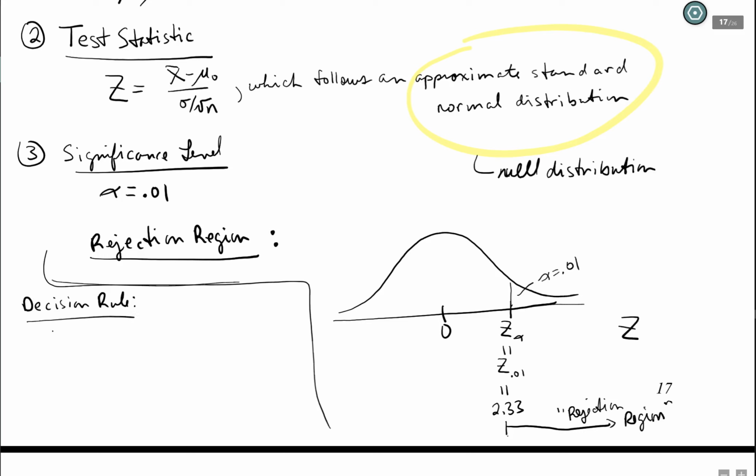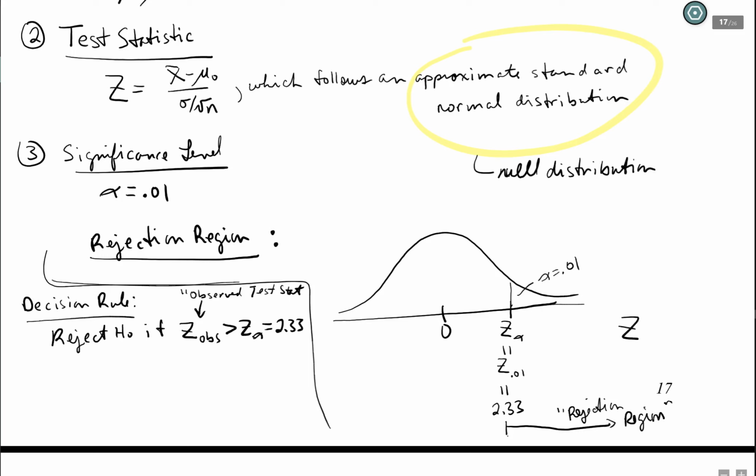It would say something like this: reject H naught if Z observed, the observed test statistic, exceeds Z sub alpha, which is 2.33.